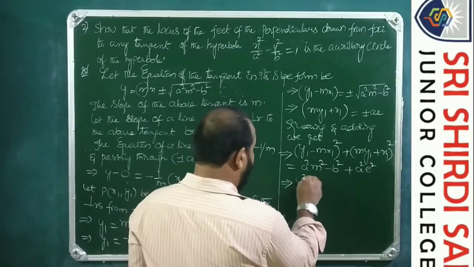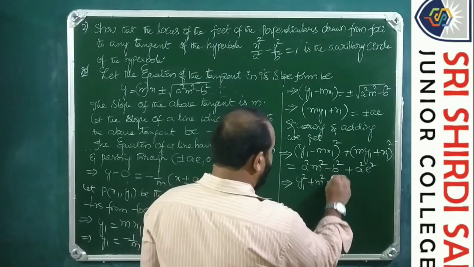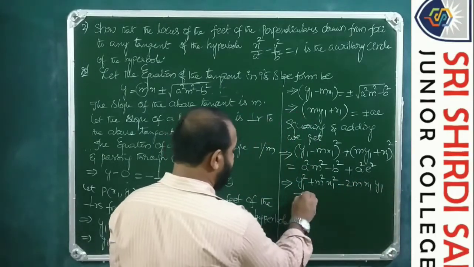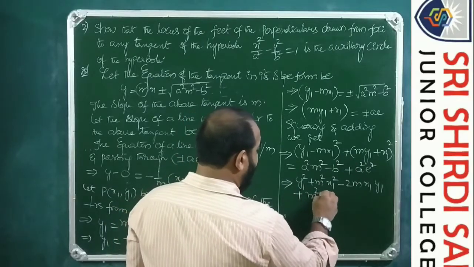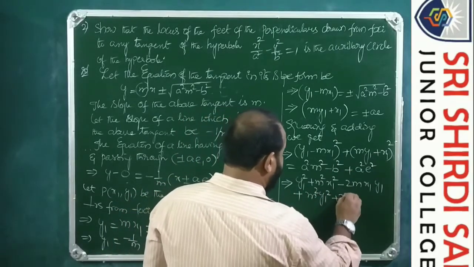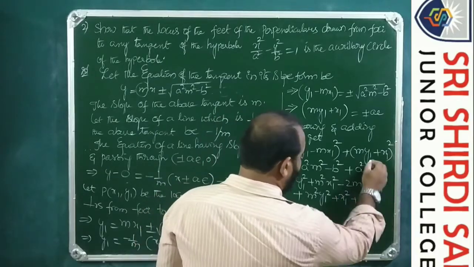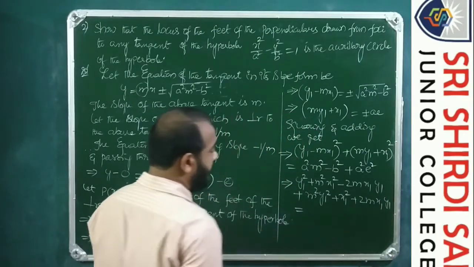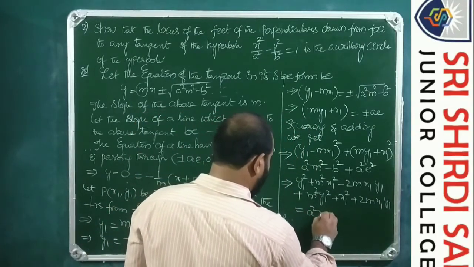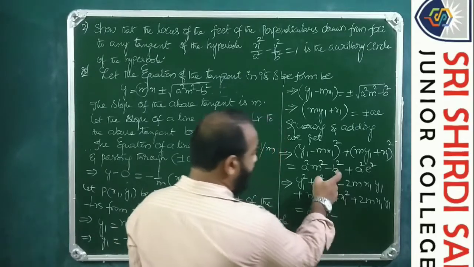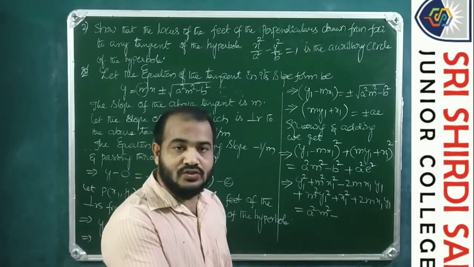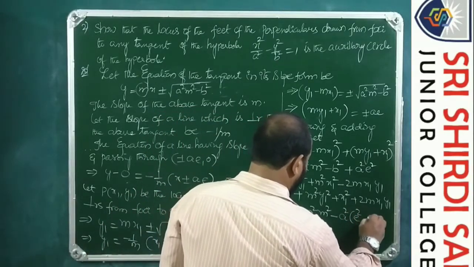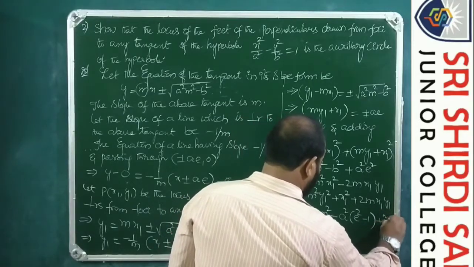So this is y1 square plus m square x1 square minus 2m x1 y1 plus m square y1 square plus x1 square plus 2m x1 y1 is equal to a square m square minus b square, which is a square into e square minus 1, plus a square e square.